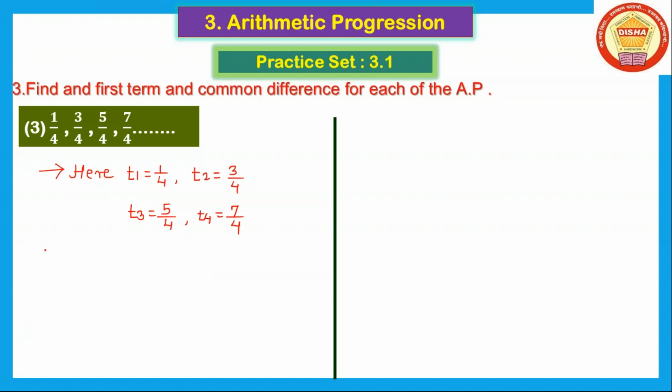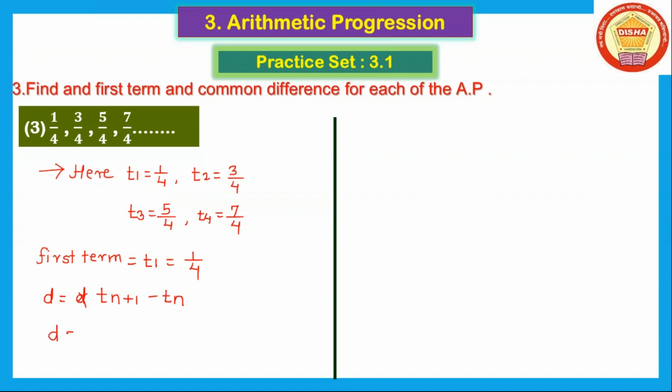Then the first term, which is asked in the question, is T1, equal to 1 upon 4. Then we have to find the difference, so we write the formula D is equal to Tn plus 1 minus Tn.